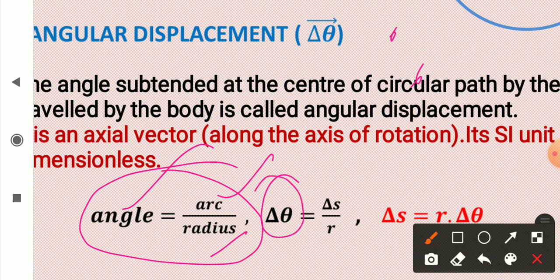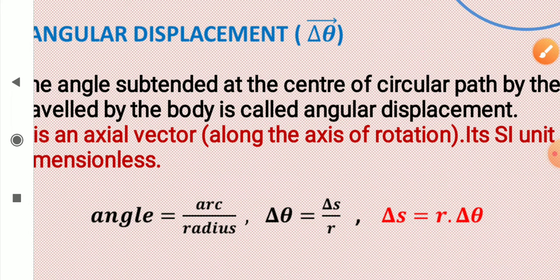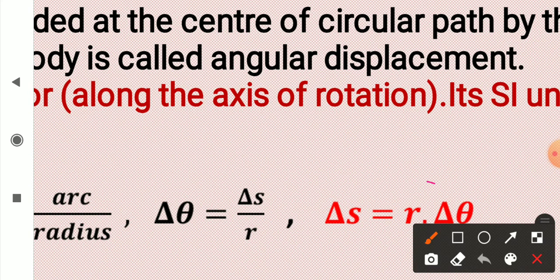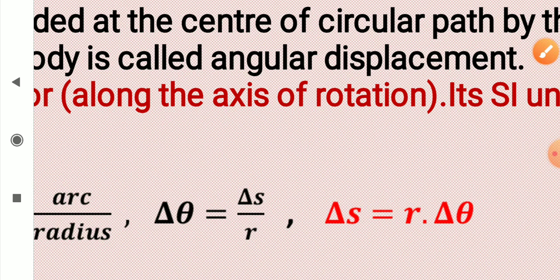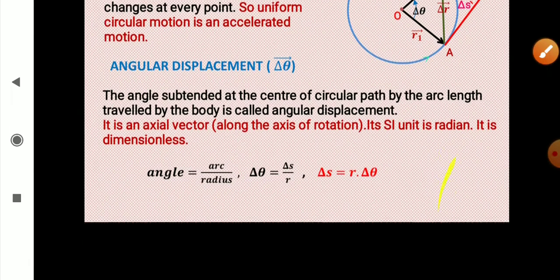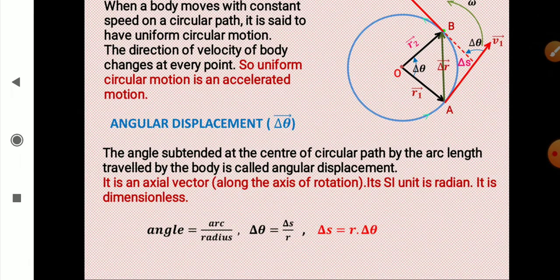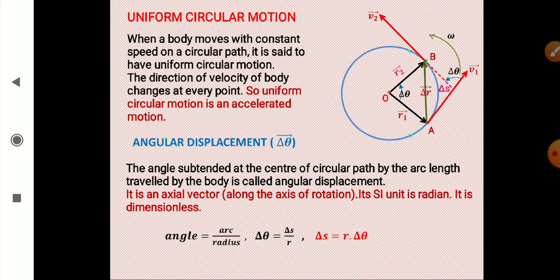So angle delta theta is arc delta S upon R, or delta S is equal to R delta theta. R is what? Radius of the path, right? So delta S is equal to R delta theta. So linear displacement is the product of radius and angular displacement.